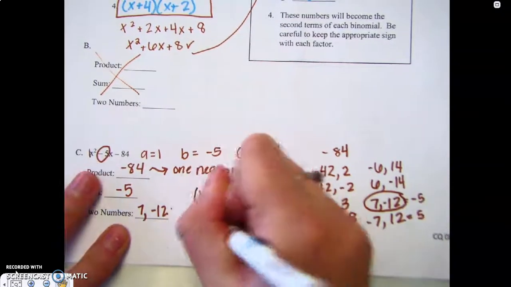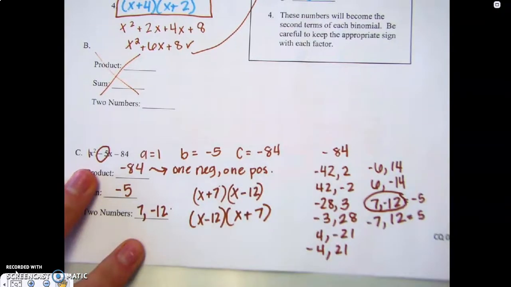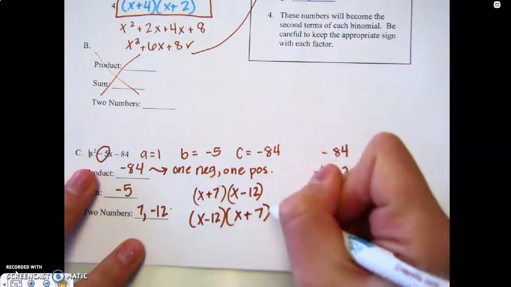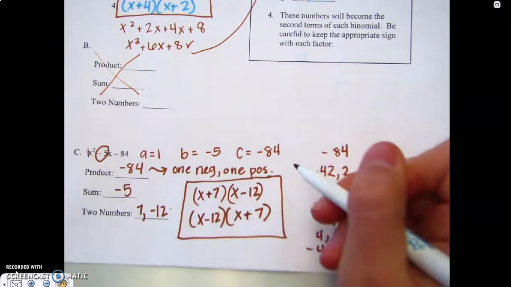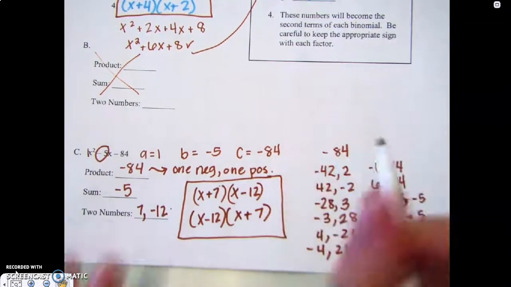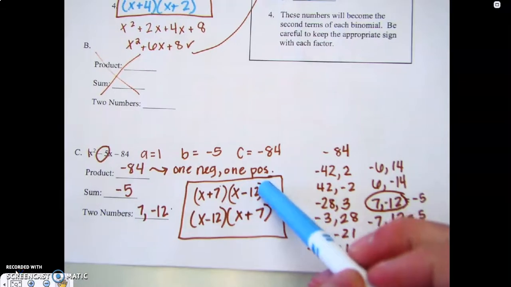You could also write it the other way if you wanted to, because the commutative property tells me that these are the same. I just switch them around. And so that is my answer. And I can check my work. I can double distribute to see if that is correct.